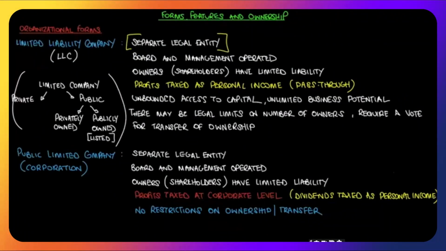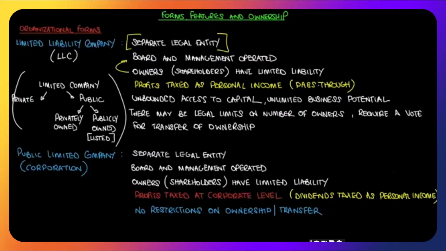The board and management of that company run it. The owners own it, but they have limited liability and they are not involved on a day-to-day basis. So this is our first proper glance, we saw it a little bit with limited and general partners, at a completely distinct entity, which your partnership was not, run by a board and management but owned by shareholders.